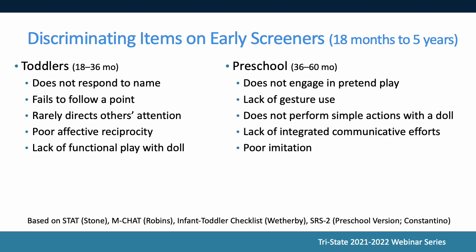So you may have passive play with a doll, but not active or agency play with a doll. Communicative efforts are often poorly integrated in preschool, so voice, eye gaze, and gesture may not be occurring together or may be sort of off time. And imitation skills continue to be a concern for many children.